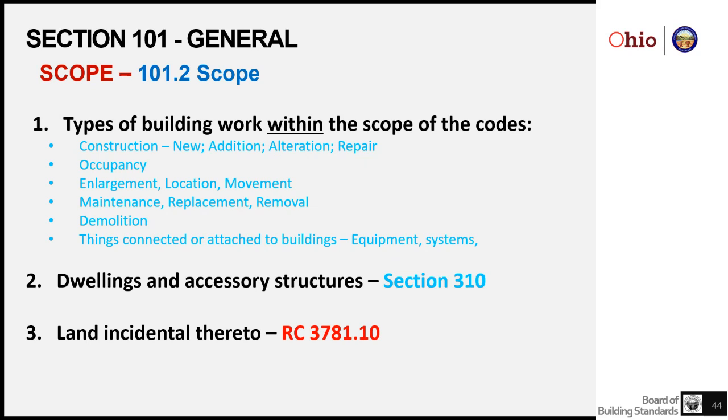It's primarily dealing with protection of foundations and the connections of building drain systems to sewer systems. Sewer systems are outside of the authority of the Ohio Building Code, but the drain is part of the Ohio Building Code. And we want to protect our foundations by moving that water away.